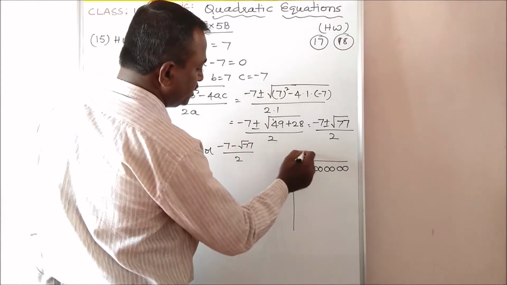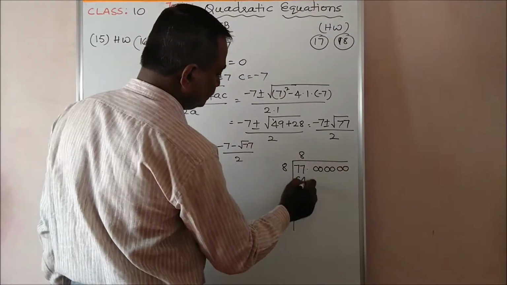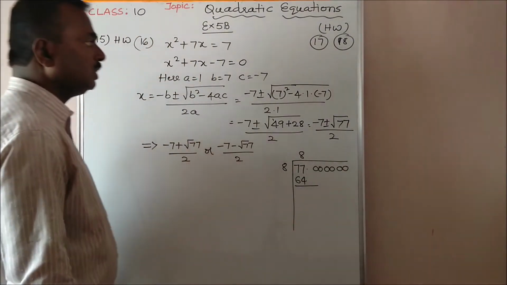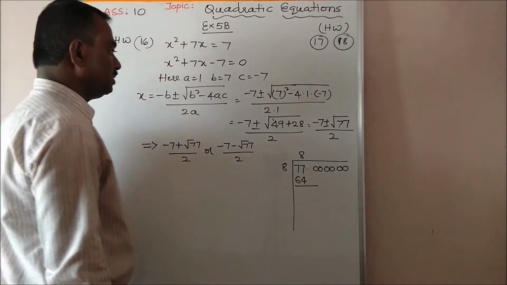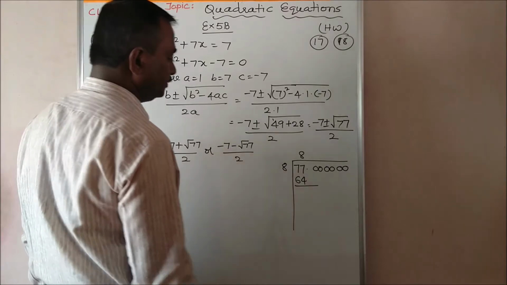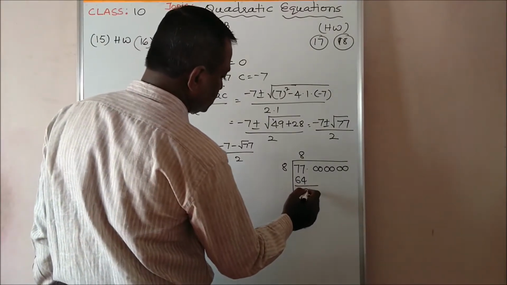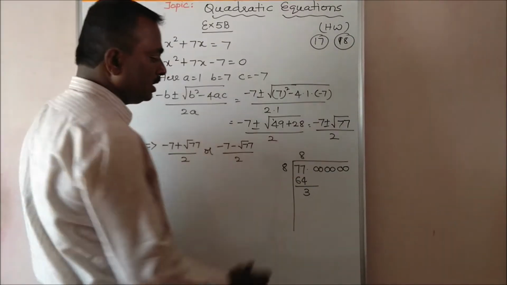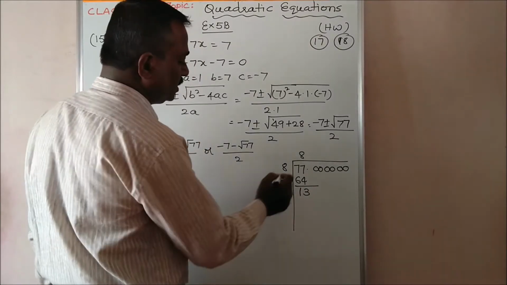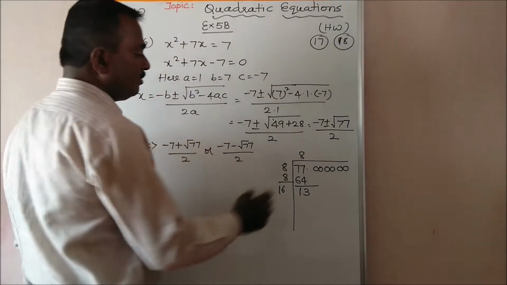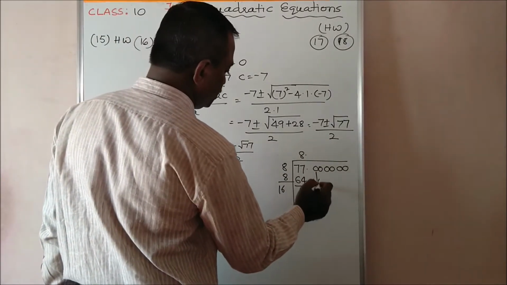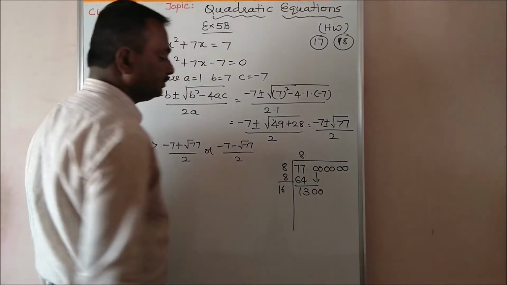So 8 8s are 64. So 77 minus 64 is 13. Here 1, this 8 we have to add, this is 16. Point. So these 2 zeros we have to keep here.